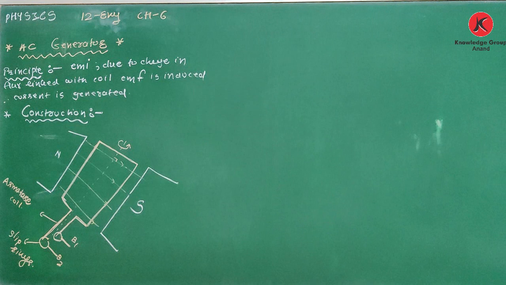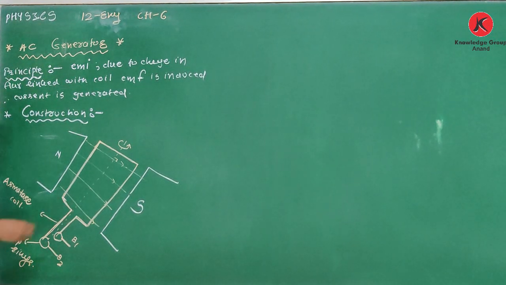Now there are two slip rings B1 and B2. Between these two ends, B1 and B2, EMF is induced. Now, how is EMF induced? See, as this coil is rotating, we know that the coil has an area vector.